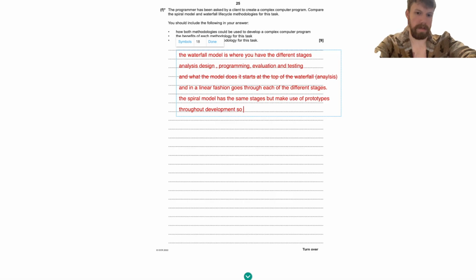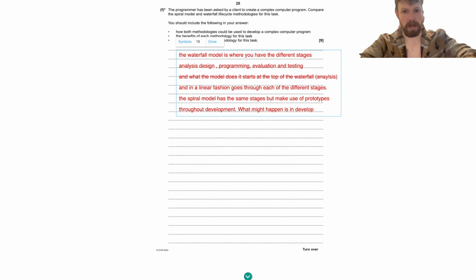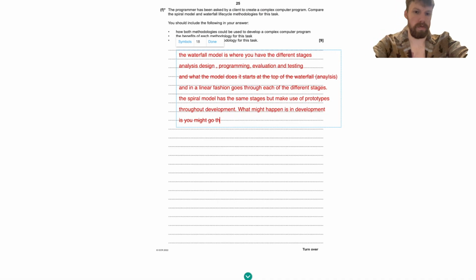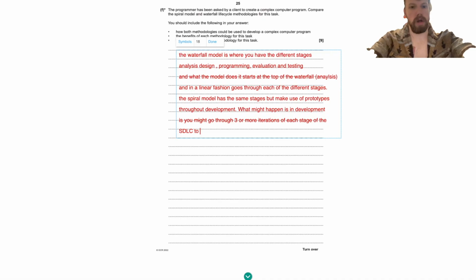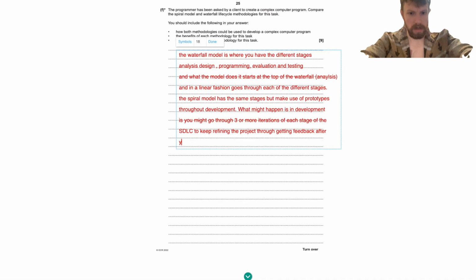So what might happen in development is you might go through 3 or more iterations of each stage of the software development life cycle to keep refining the project through getting feedback after you have finished a prototype.